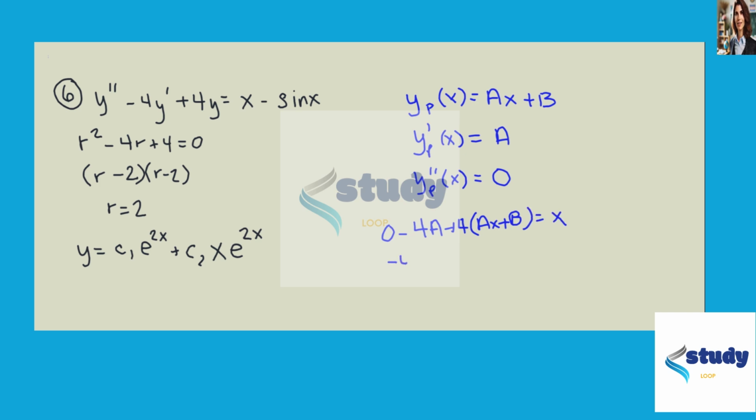So negative 4a plus 4ax plus 4b equals x. So I have 4ax equals 1x. Therefore, 4a has to equal 1, and a equals 1/4.